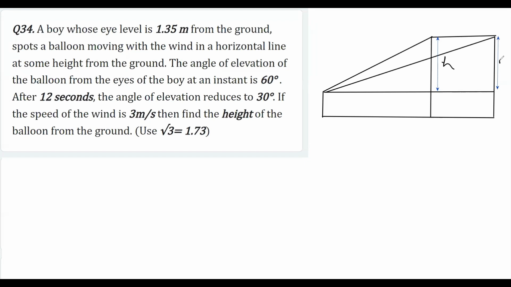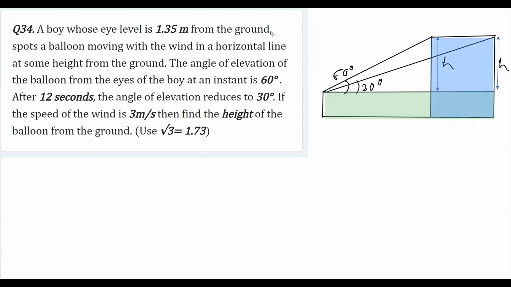This is H. And the angle of elevation here, in the first case, is how much? 60 degree, right? It was 60, the bigger angle. And the angle of elevation changes to 30 degree. Now from the property, we can see that this part will be a rectangle and this will also be a rectangle.